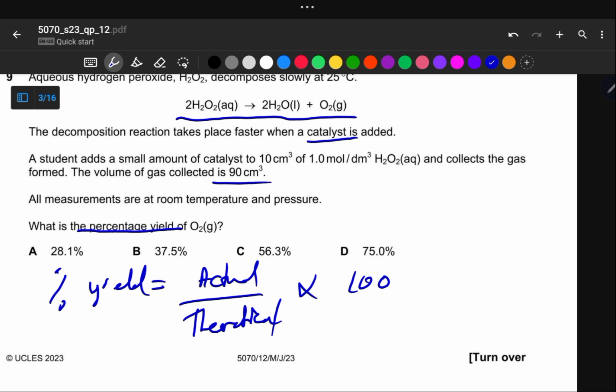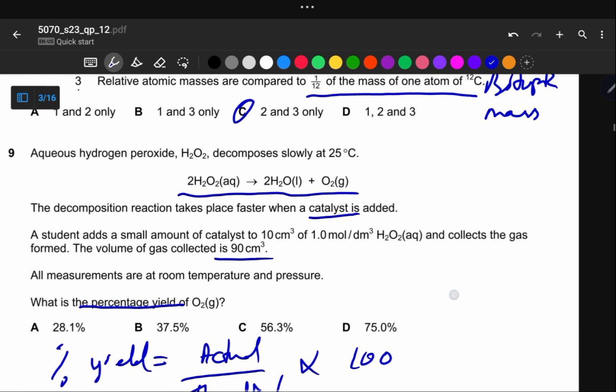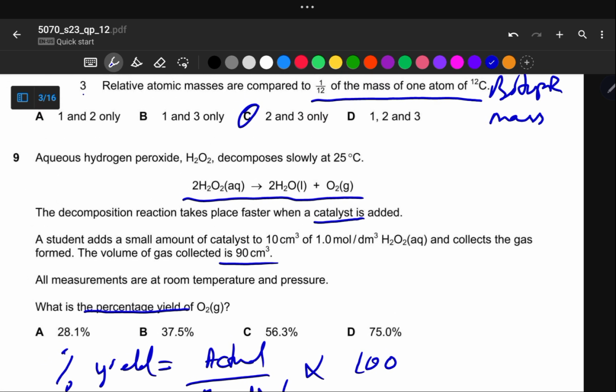And then we want to explain these underlined terms.